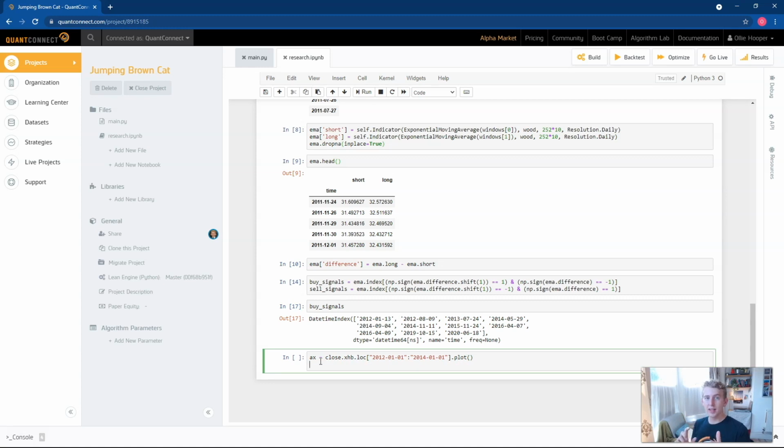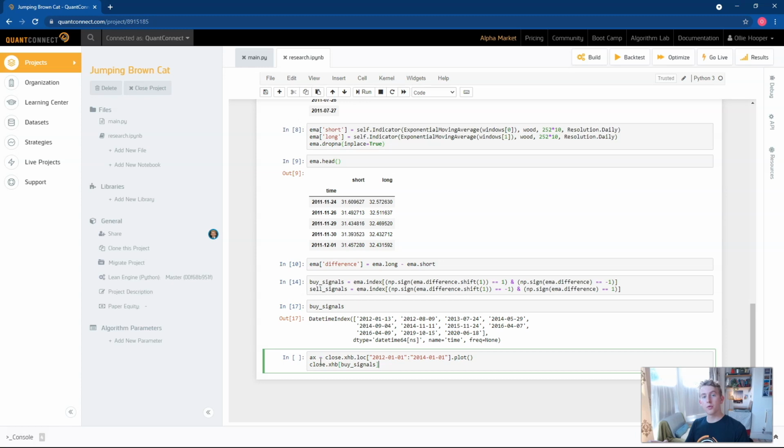And now we need to layer on these buy signals and sell signals onto the close price of the Homebuilders Index. But remember that we got these signals from the WOOD ETF prices. So let's go close.XHB.loc, and then we're going to give it the same date range that we're using here. And then we want to sub in our buy signals into this.